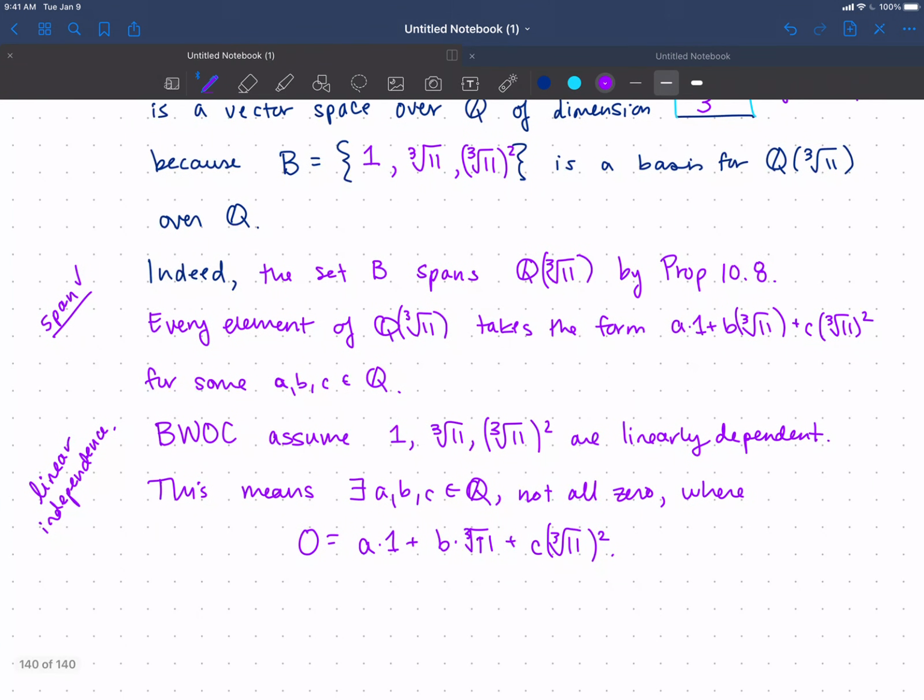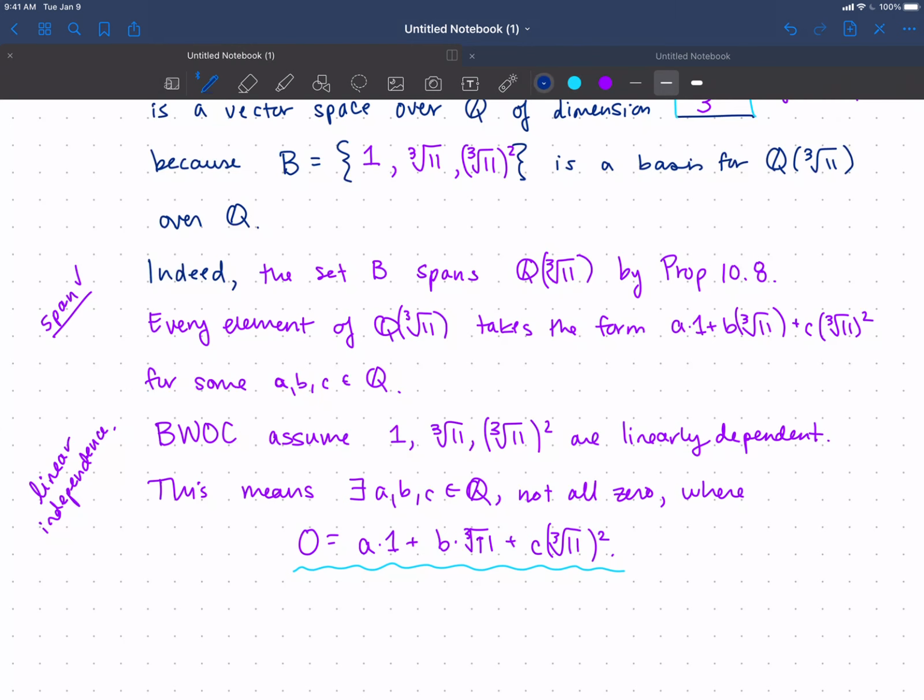Now, I just said something about building a polynomial, so what I want is a polynomial where I can plug in cube root of 11 and get 0, and I want its degree to be smaller than 3. As I'm looking at this equation, I see that I've got non-zero coefficients a, b, and c, and if I think about replacing cube roots of 11 with x's, that's a polynomial. And I can see from this blue squiggly underlined equation that when I plug in cube root of 11, I'm going to get 0.